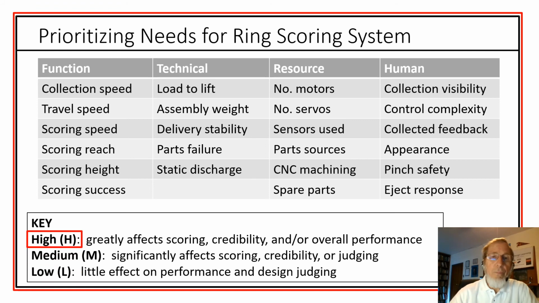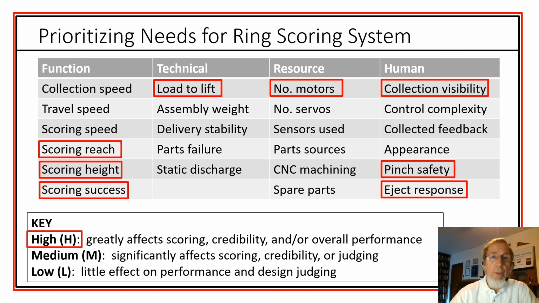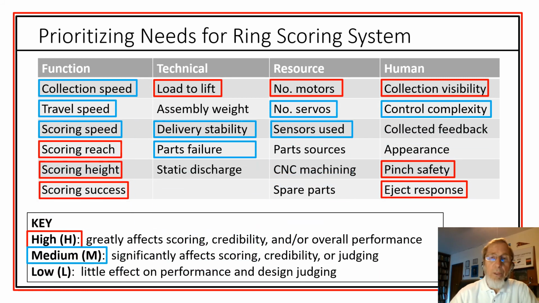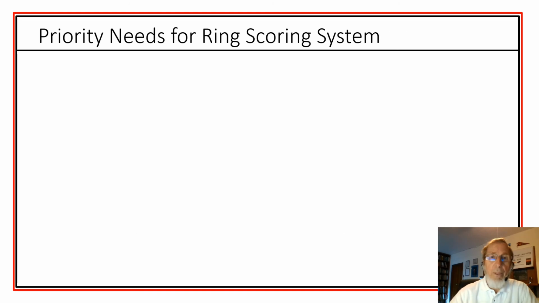So we first review these and, as a team, define which of them would fall into this high priority grouping. You come up with that decision, identify which ones are high priorities. Similarly, medium priority, identify which of those, and the remaining ones would be the lower priority.